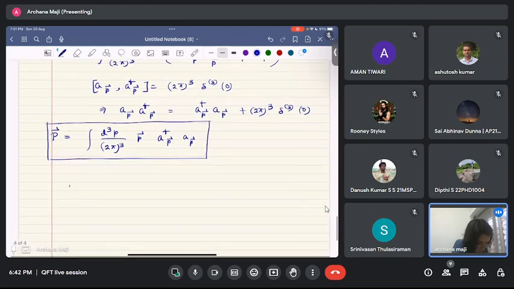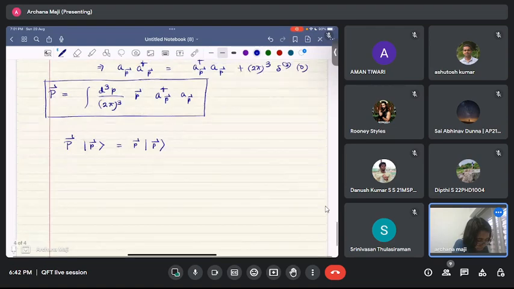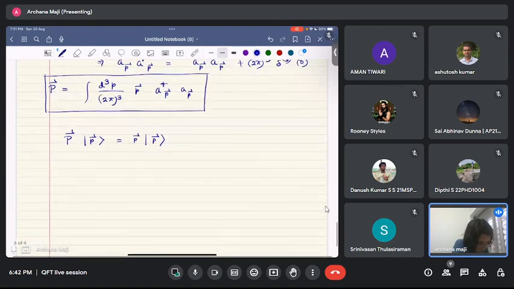So you can explicitly check that momentum operator acting on this state P will give you P. Okay, we can see that quickly. So the left hand side is d3p over 2 pi cube p vector.